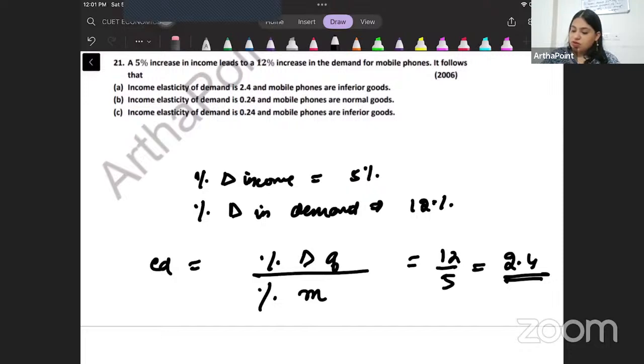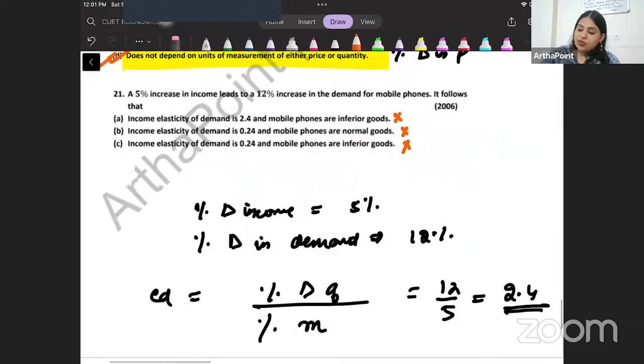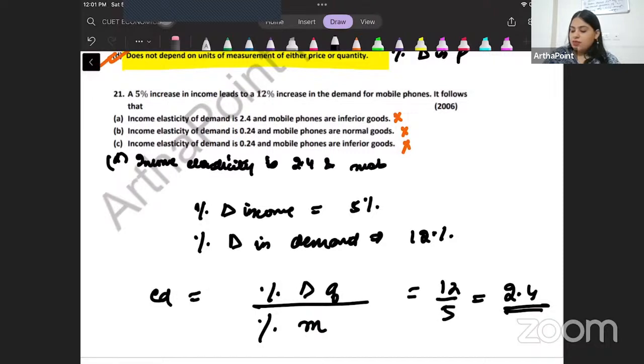So this cannot be it. This is incorrect. This is incorrect. This is incorrect. Oh, so let's write down the D option. So it should be income elasticity is 2.4 and mobile phones are normal goods, right? So that is the answer to your question.